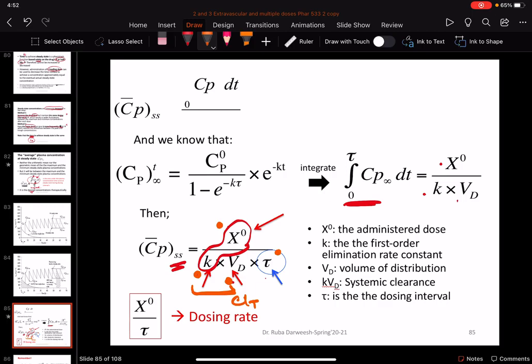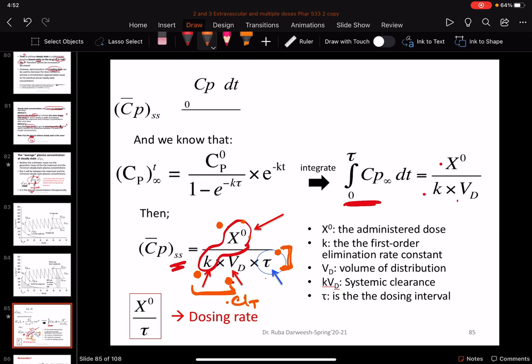And because we are usually not changing the dose, and those terms are constant because we are talking about linear kinetics, then accordingly the average steady state concentration is mainly dependent on tau, because the dose is constant.